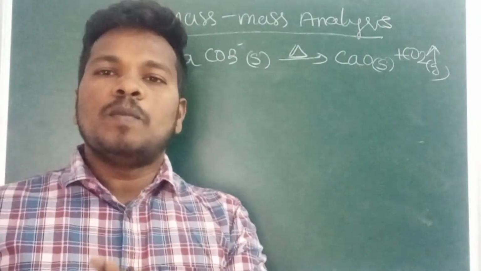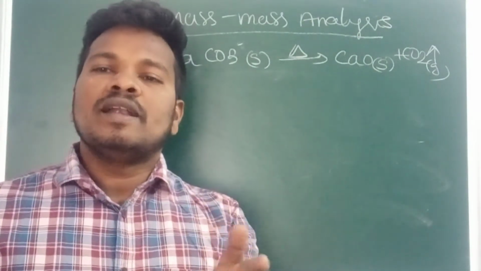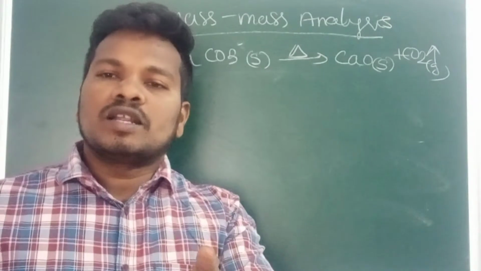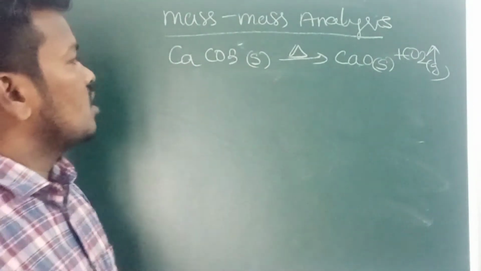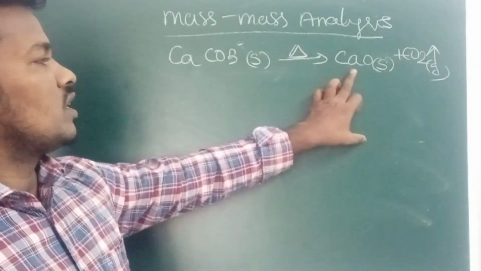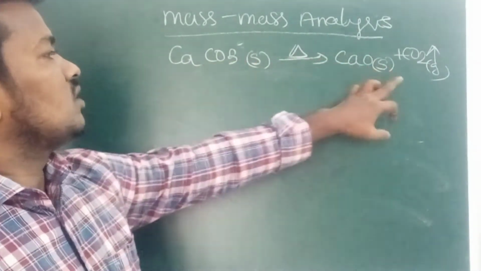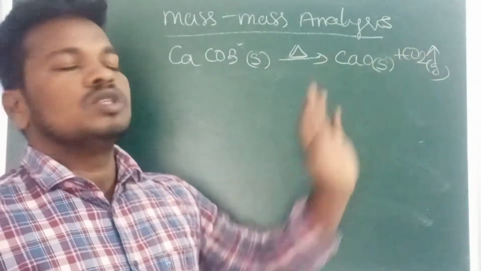That is called a balanced chemical equation. If it is not balanced, you have to balance it. Now you can see here one calcium, this side also one calcium, one carbon, this side one carbon. Here 3 oxygen, and here 1 plus 2 is 3 oxygen.